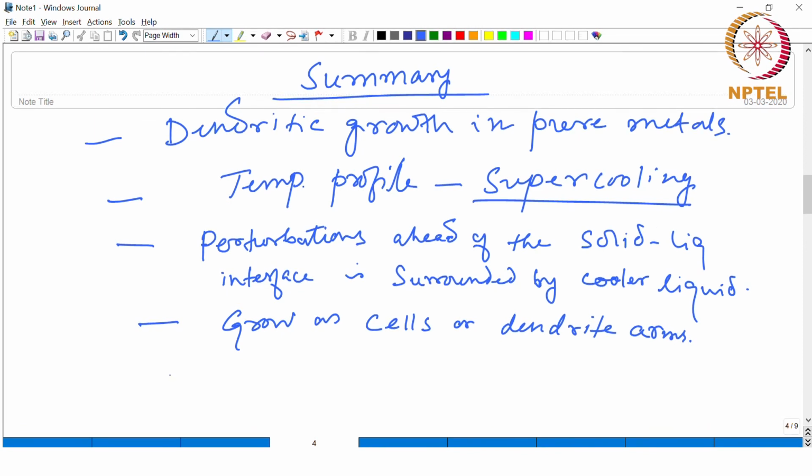Right. Similarly, the growth of the secondary arms also takes place.